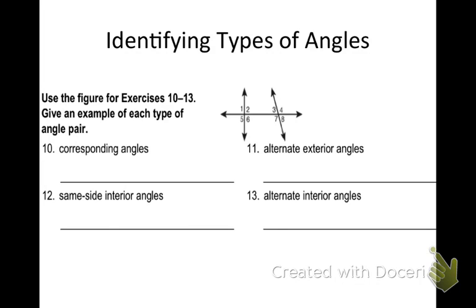Corresponding angles. I want to give some examples of corresponding angles. Quinn, can you give me an example of a set of corresponding angles? Yep. 2 and 4 would be corresponding angles. Nice job. Those are both being in the same position. What's another example of corresponding angles, Parker?